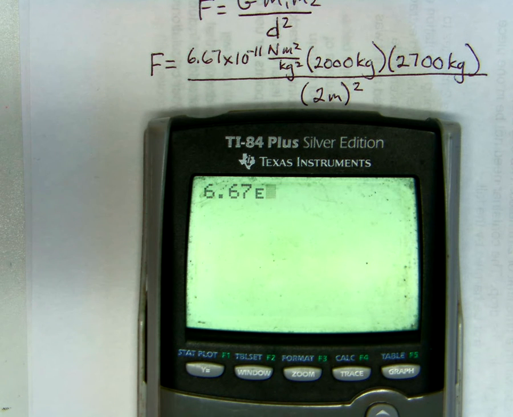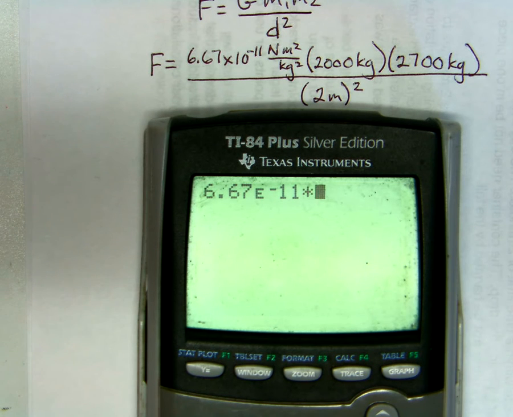It'll just show one E on the screen, and then negative 11. You really want to do it this way instead of putting in times 10 to the power of the negative 11th, because the calculator doesn't always do things in the order that you think. It thinks those are separate numbers.